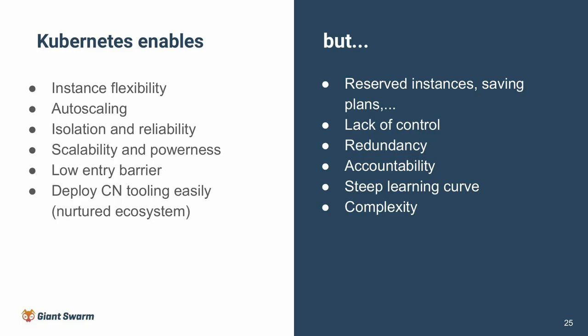Then the autoscaling part, it's great. As I showed you, how flexible a cluster can be, right? How it can scale in different directions? How it can accommodate the different traffic patterns that you will have? But it comes with a lack of control, right?